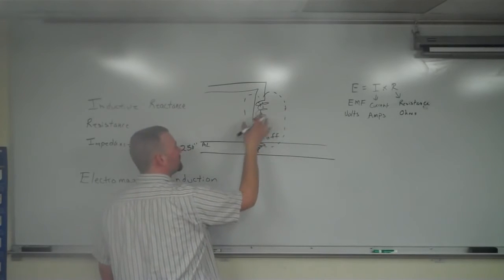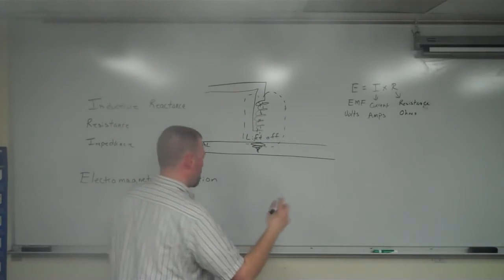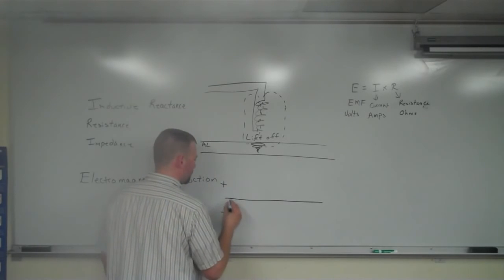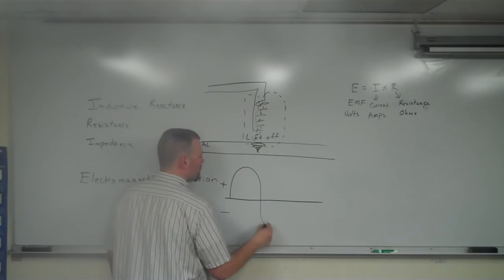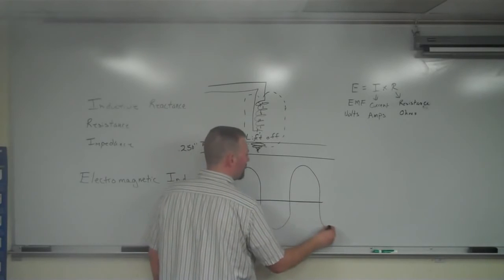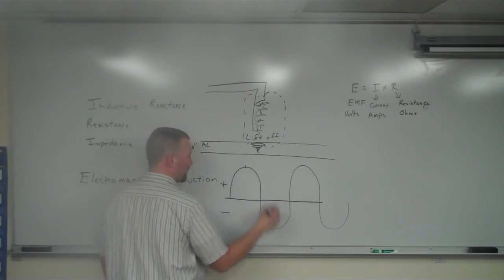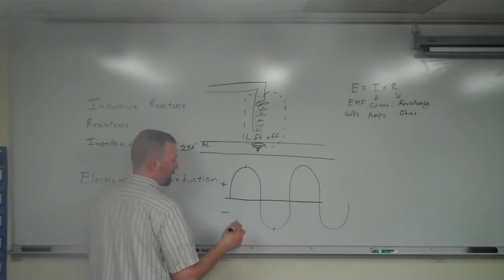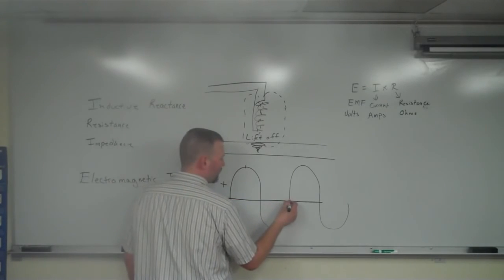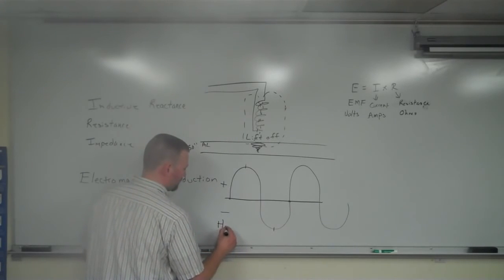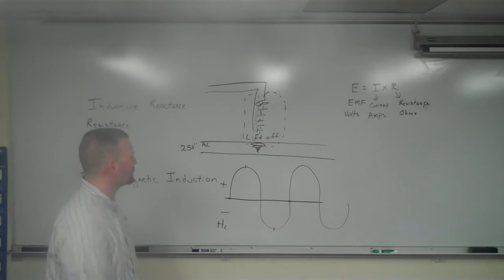It's going to expand and collapse with the alternating current. If we've got alternating current, we've got positive and negative. If we start at 0, it's going to continue to travel like this forever. So we've got positive maximum, negative maximum, and one wave to one wave. That's where we get into frequency, and frequency is measured in hertz.